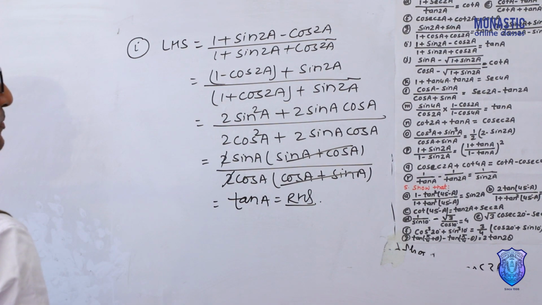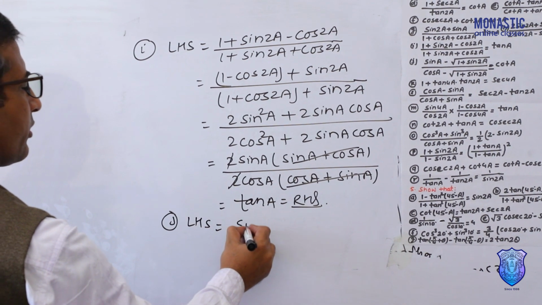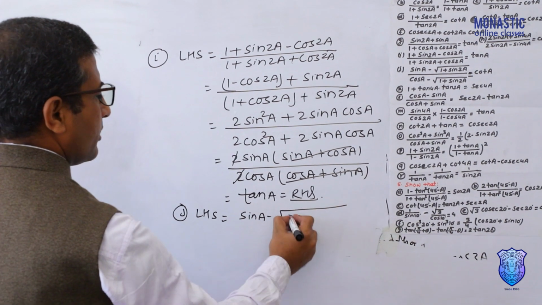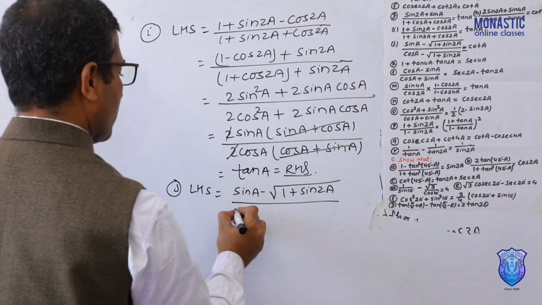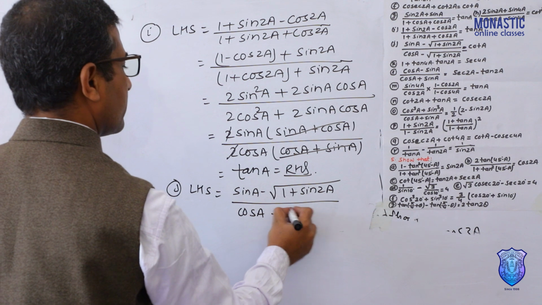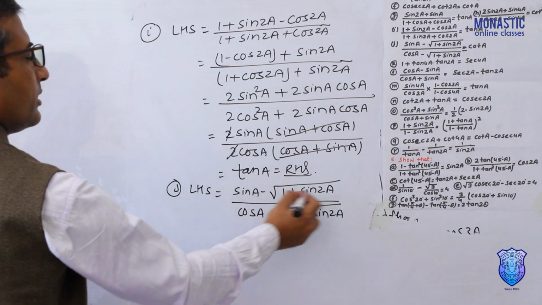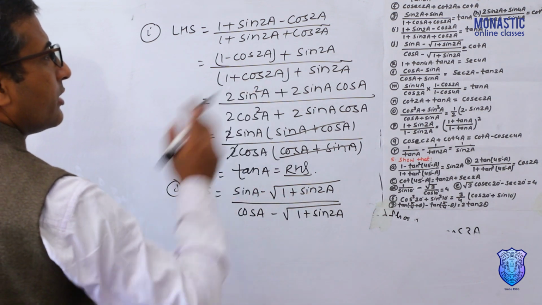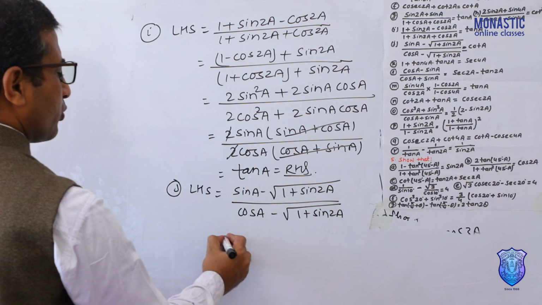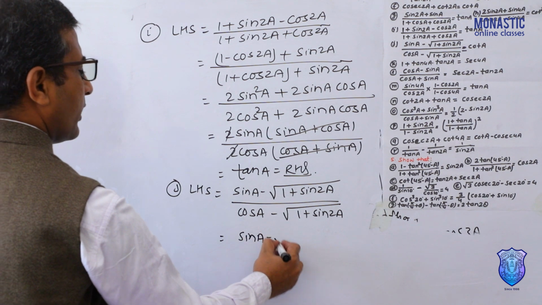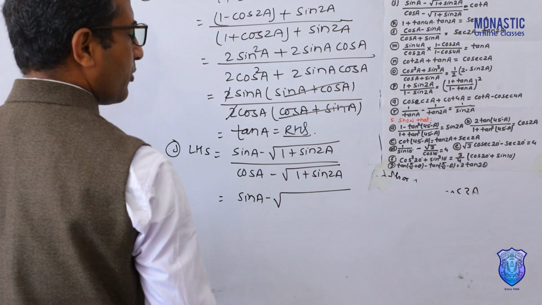Question number G. LHS is sin A minus the square root of 1 plus sin 2A, then cos A minus the square root of 1 plus sin 2A. When we see this 1 plus sin 2A and the result has no square root, the first priority is to remove the square root. How can we remove the square root? We must have some expression in the form of a square.